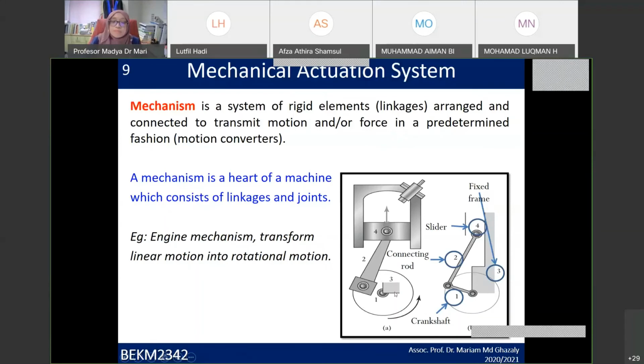So it converts linear to rotary motion, and based on this, the crankshaft will be connected by gear to your gears, and then to the wheel shaft. So that's where your car can rotate, right? So this is the basic idea behind the crankshaft, and this is an example of a crank and slider mechanism.